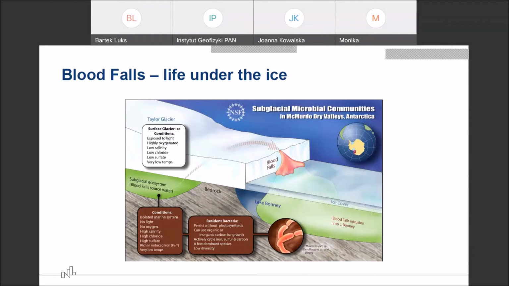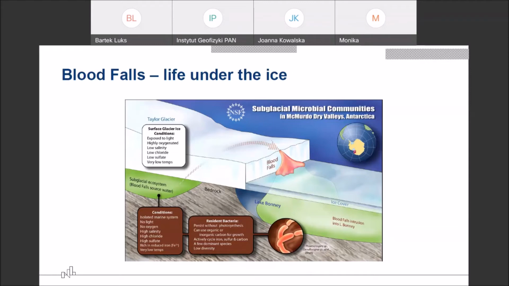As 15,000 years ago, there was a sea, and some of the seawater got trapped by the glaciation, by an advancing glacier, and it formed a kind of time capsule where a bacterial ecosystem formed.